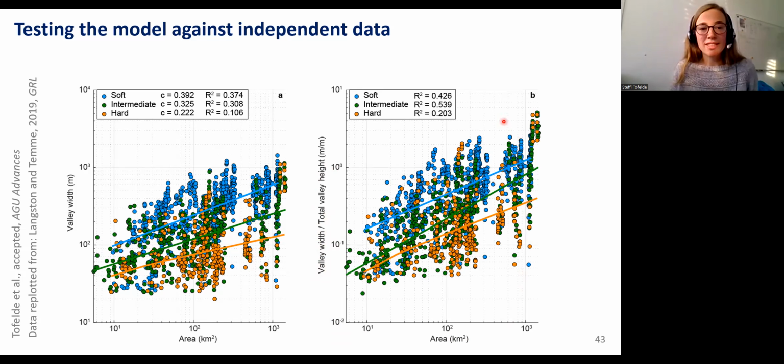What we can see is that there's still a lot of scatter in the data, but in all three cases our R-square values increase. And I don't want to say that this is a validation of our model, but this is one of the first or simplest tests we could do, and the model fit actually gets better instead of worse, so at least it does not falsify our model, I would say.